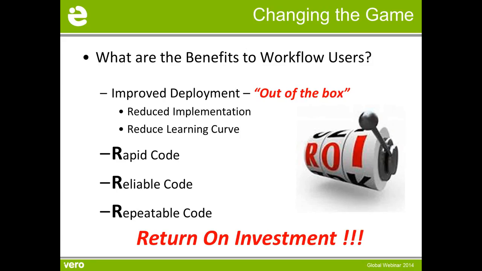You can install Edgecam, you can use your existing Edgecam installation exactly the way that I've been using it this morning. And obviously this gives us reduced implementation, and it makes the learning of Edgecam much easier. Ultimately, we're providing rapid, reliable and repeatable NC code, which will give us a fantastic return on investment.